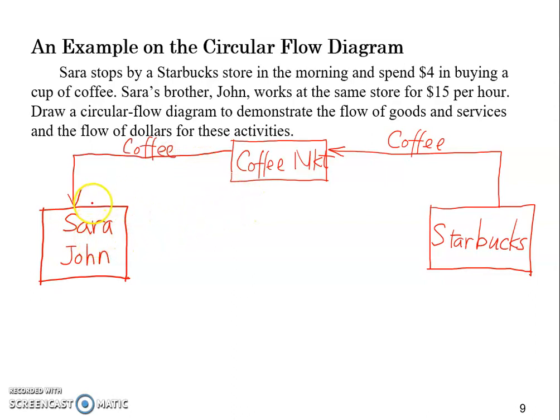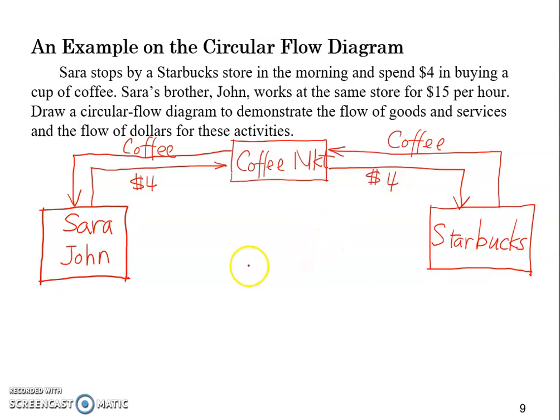In this transaction, Sarah has to pay Starbucks $4. So the cash flow goes from Sarah through the market, eventually to the Starbucks cash register, and the dollar amount here is $4.